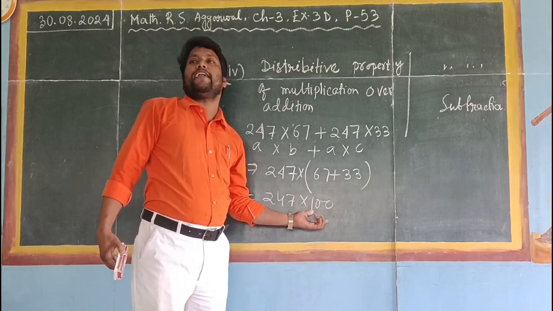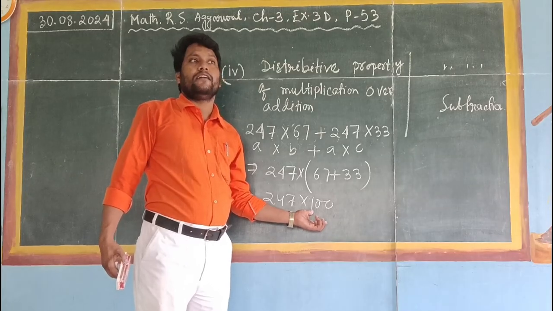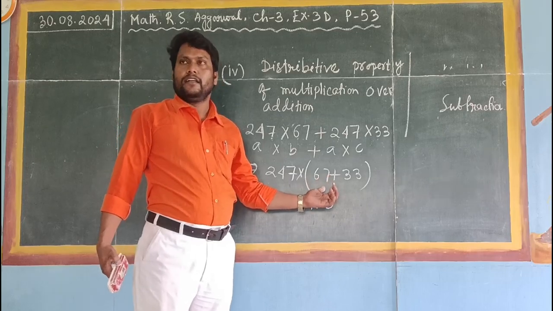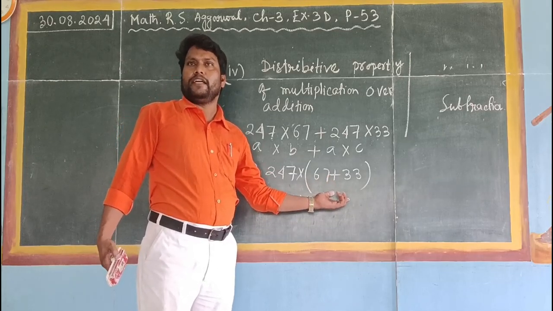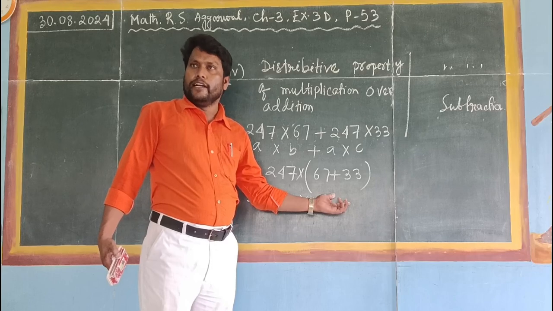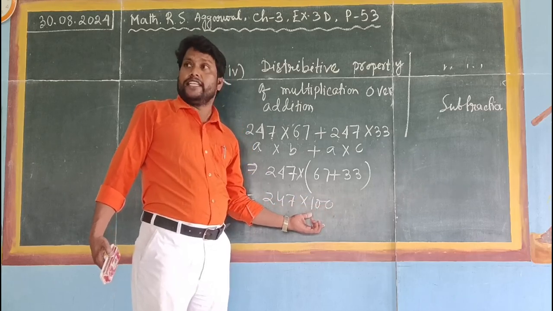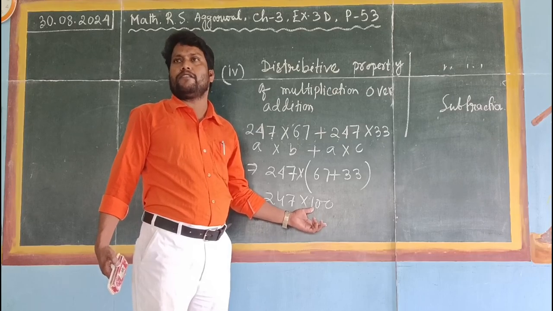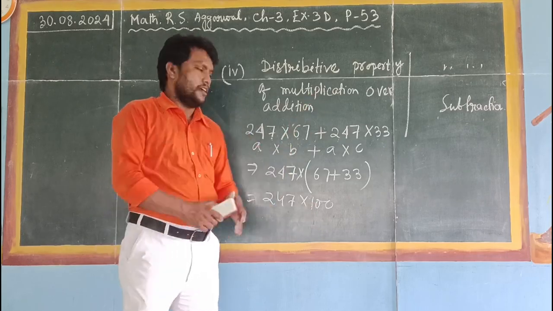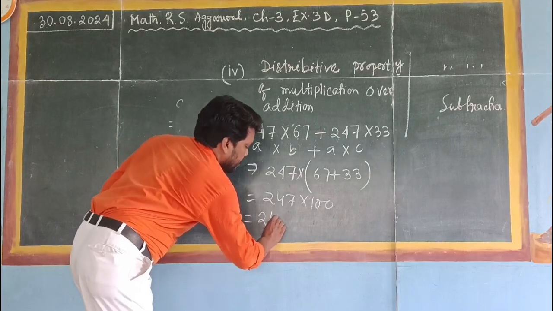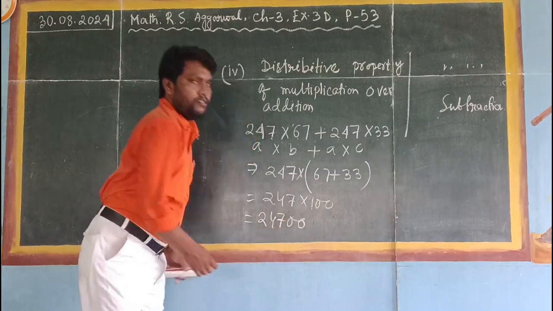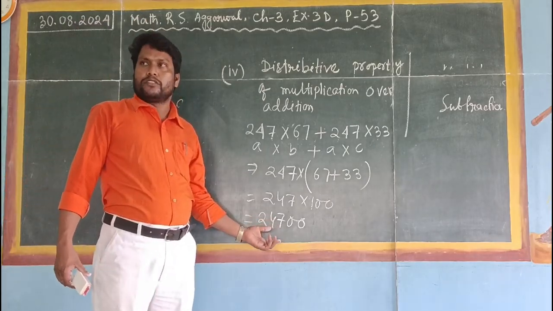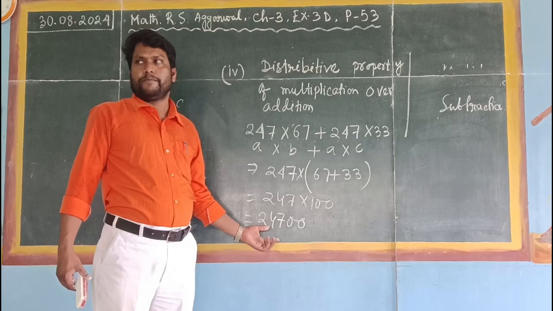The question is given just like that, so that the addition inside the bracket will always be a multiple of 10: 10, 100, 1000, 10,000, lakh, 10 lakh, crore. Then you can multiply easily. 2, 4, 7. How many 0s? 2 zeros. So without actual multiplication, you can use short tricks.